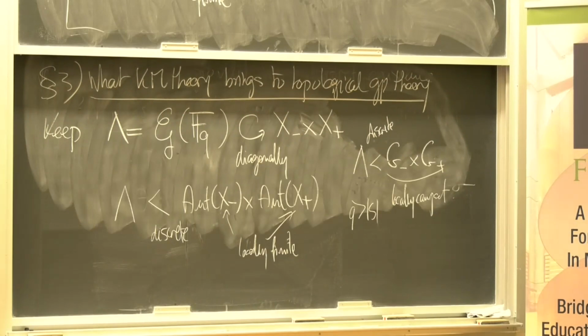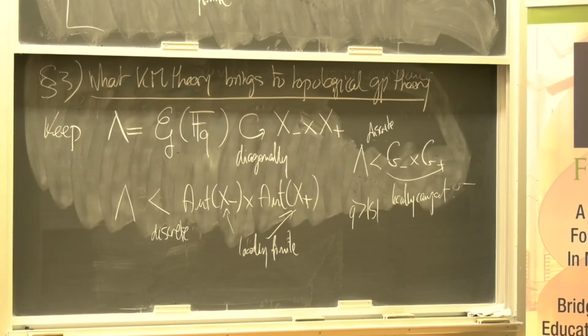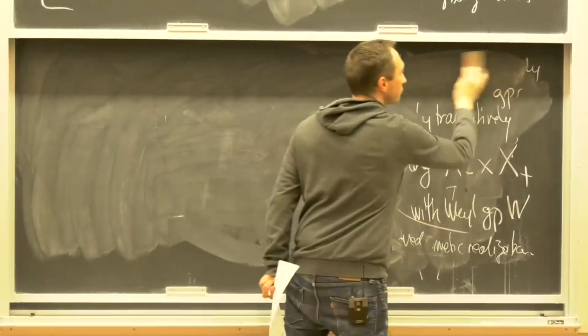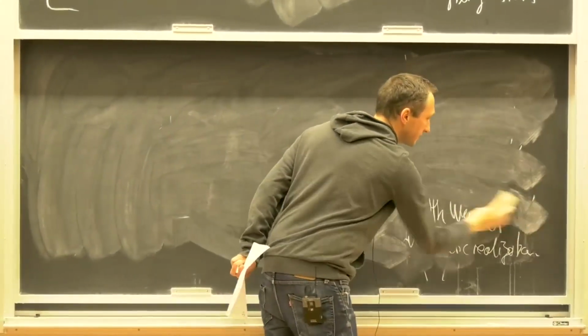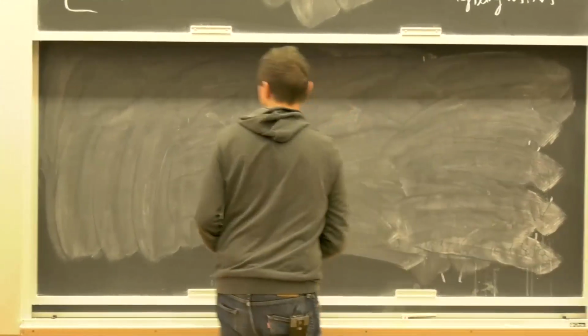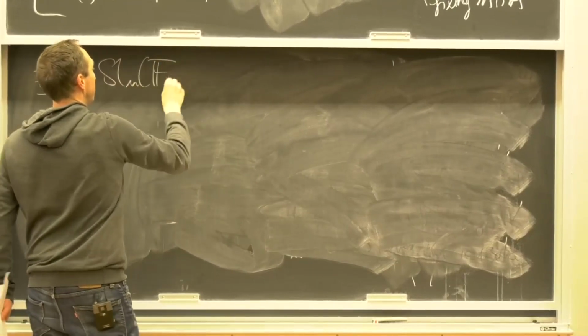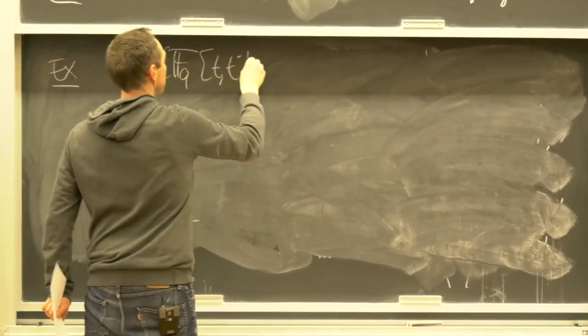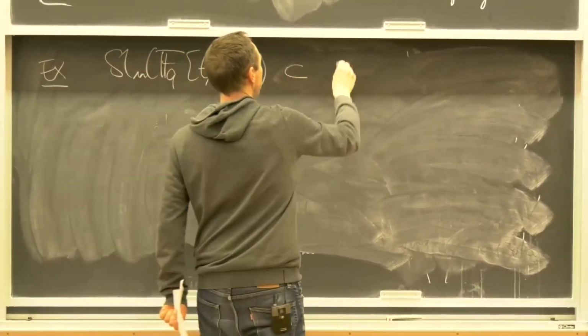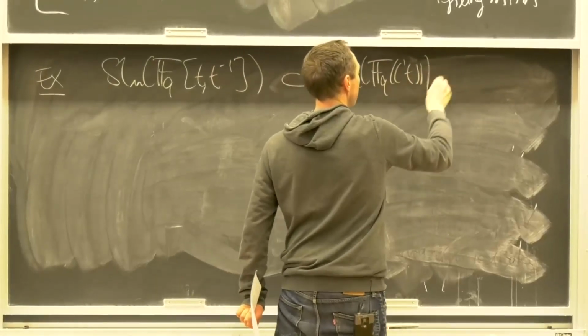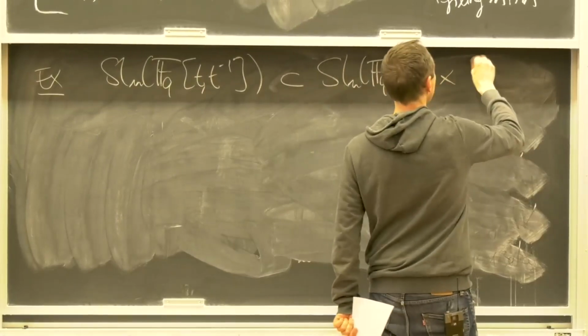Okay. So again, the example you may have in mind is the inclusion of SL_N of F_q[t,t^-1] in the product of the two natural completions of F_q[t,t^-1]. Example, take this inclusion. Okay, I can complete with respect to t and t^-1.